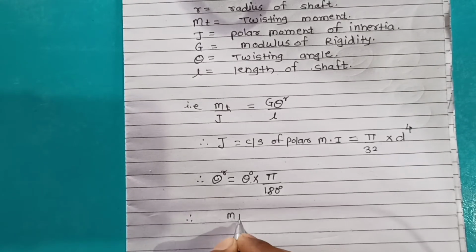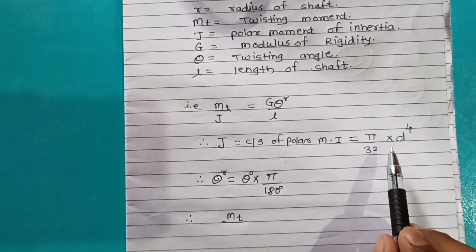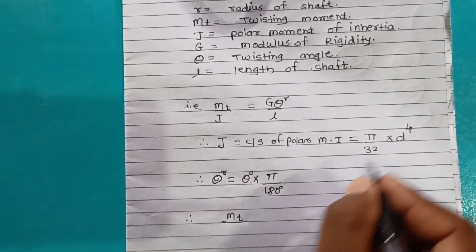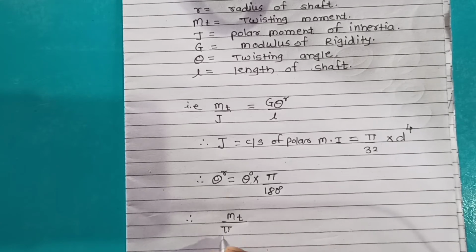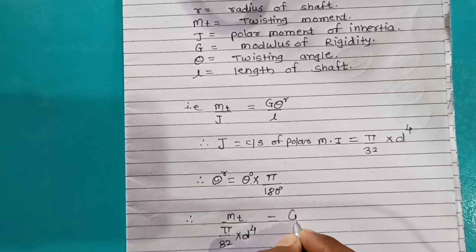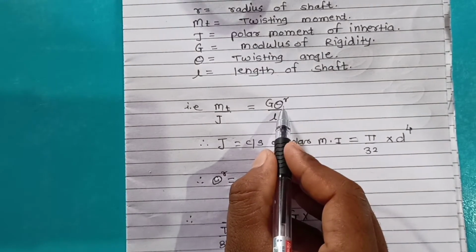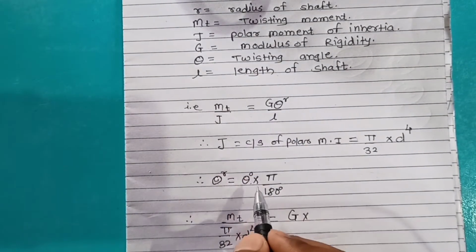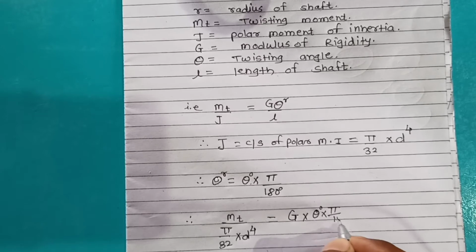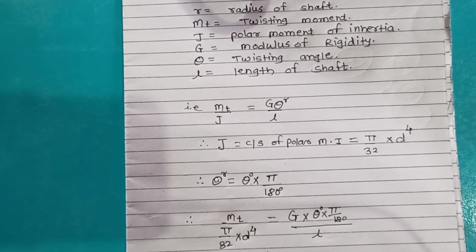Mt by J, where J is the polar moment of inertia, and we know J is pi by 32 into d raised to 4. Putting this in the equation: Mt divided by pi by 32 into d raised to 4 is equal to G, the modulus of rigidity, into theta in degrees, converted with pi by 180, divided by L, the length of shaft.